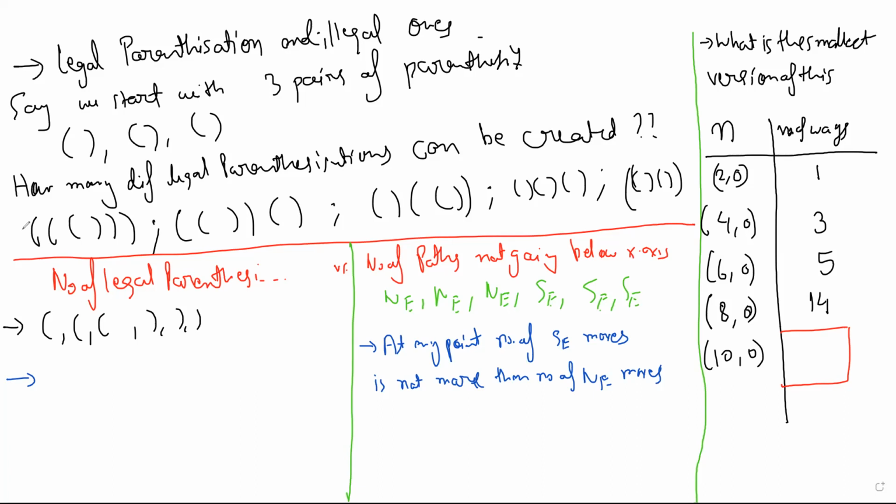Think what similar condition can we put on parenthesization to be legal? Here we know that we need equal number of northeast and southeast, but that was not enough. We needed one more condition, that at any point, the number of southeast moves can never exceed the number of northeast moves. Otherwise, you'll end up going below the x-axis. Can we say something similar for parenthesization?